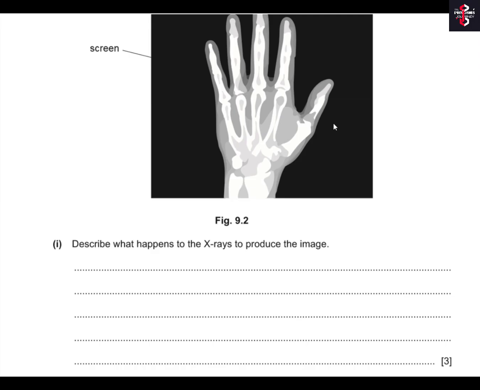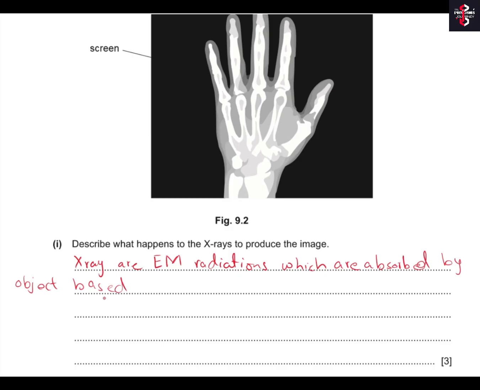So we can write that X-rays are electromagnetic EM radiations which are absorbed by an object based on its density.